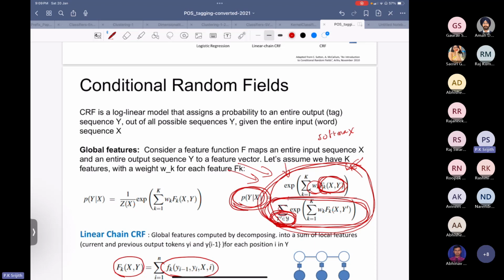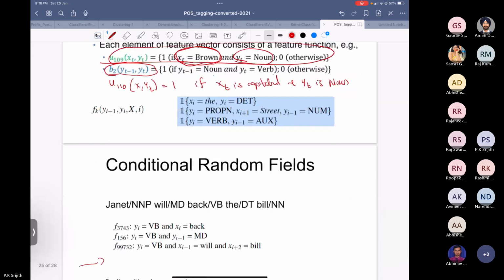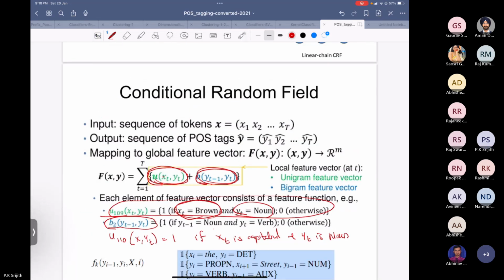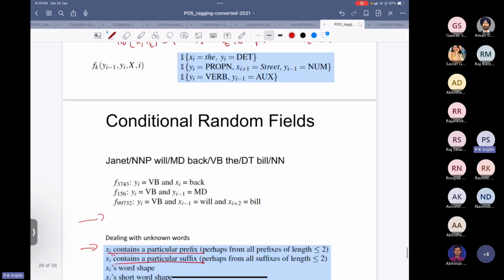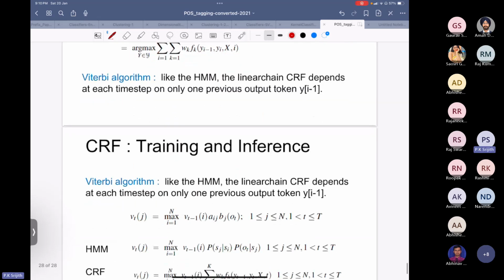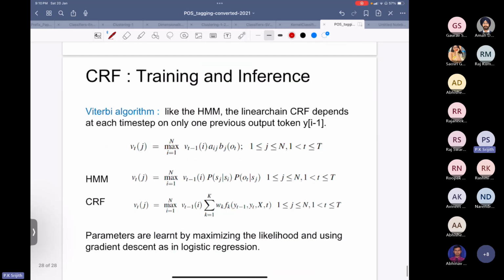And this summation term also can be brought inside by considering this particular representation of the features, and that again can be computed in an efficient manner, like we discussed in the case of HMM.